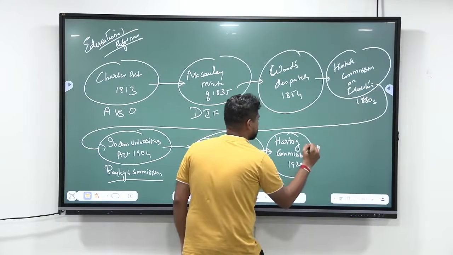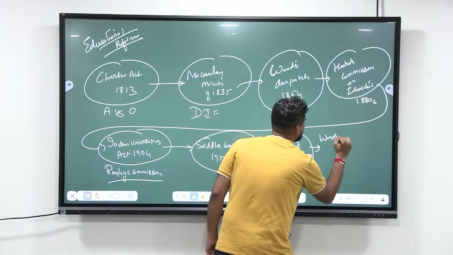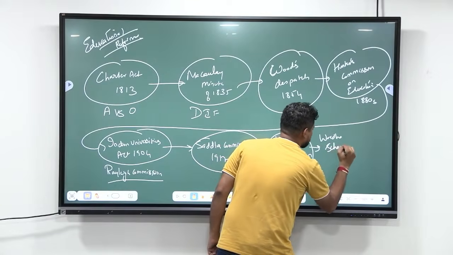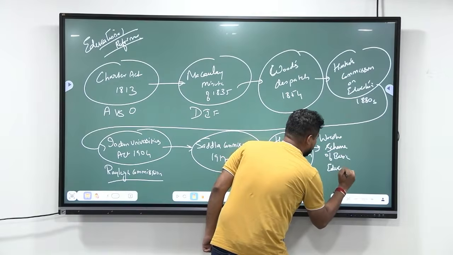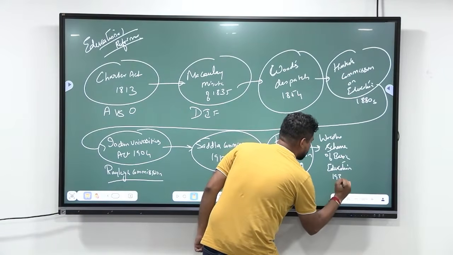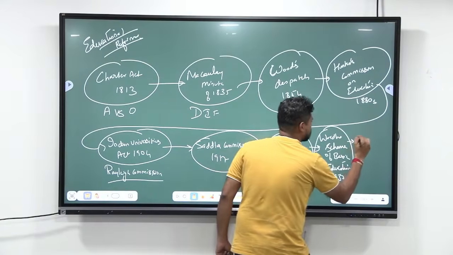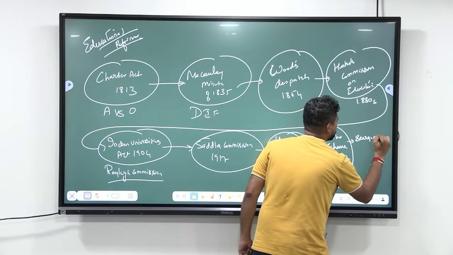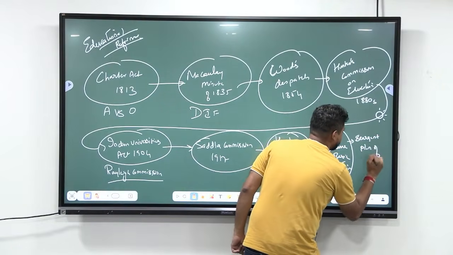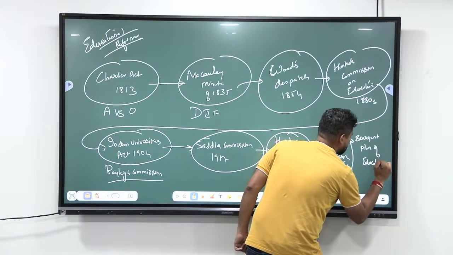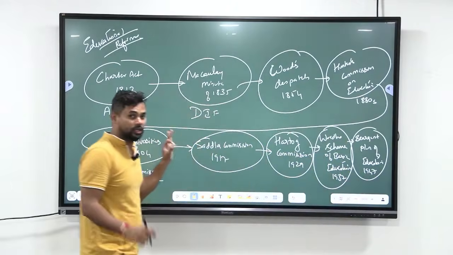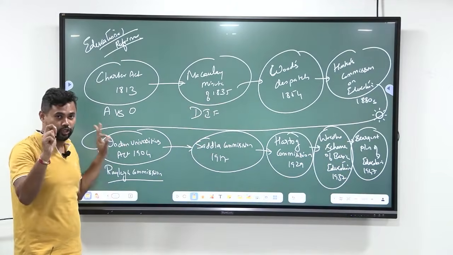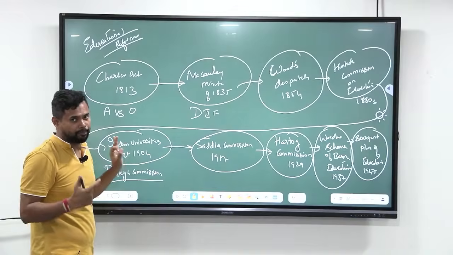The next comes the Wardha Scheme of Basic Education, 1937. And the last comes the Sargent Plan of Education, 1947. Okay. So, this is the mind map of the educational reforms in the modern India time period.